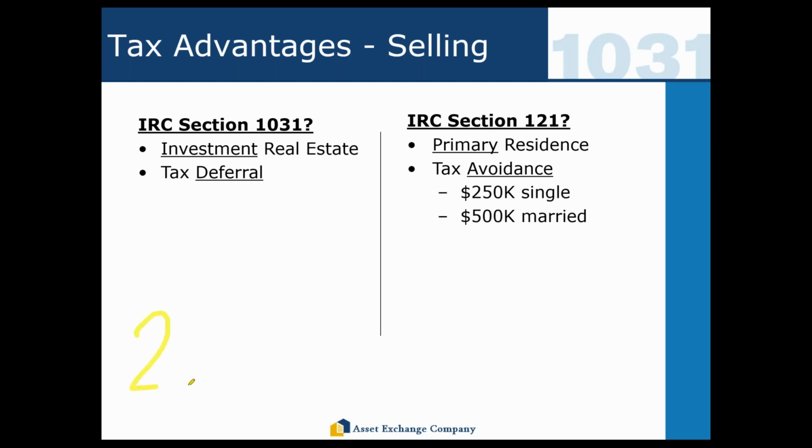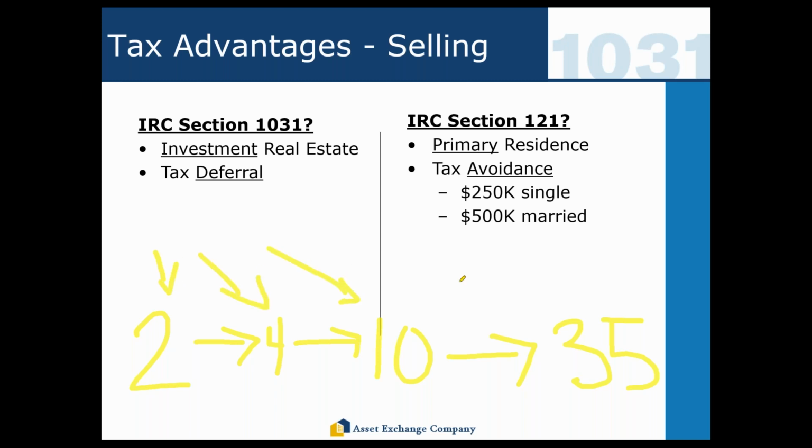You started off with a 2-unit building and you did an exchange into a 4-unit building. You sold the 4-unit building and you bought a 10-unit. You sold the 10-unit building, and now you've got a 35-unit apartment building. You've never paid a dime to the government on any of these transactions because you've done an exchange each and every time. Fantastic. The problem, however, is now you're 75 years old and you're thinking, well, geez, this 35-unit apartment building, I want to cash out.